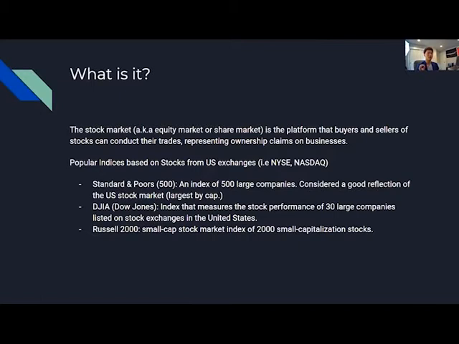These are about the top 30, or not really the top 30, but 30 very large companies listed on United States exchanges. If you look at headlines in the Financial Times or any newspaper service from a financial institution, you will see them mention all the time that the Dow plummets like 3,000 points, right? We'll get into that in the next slide.